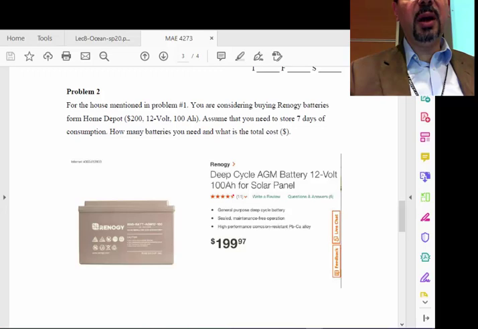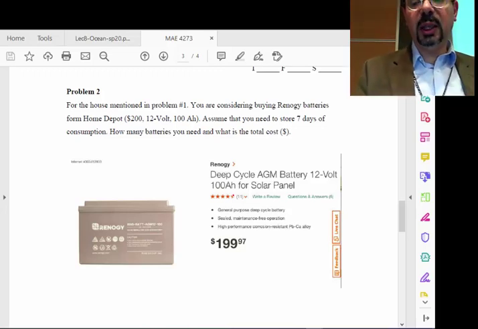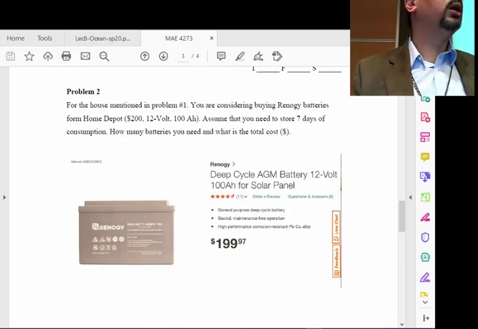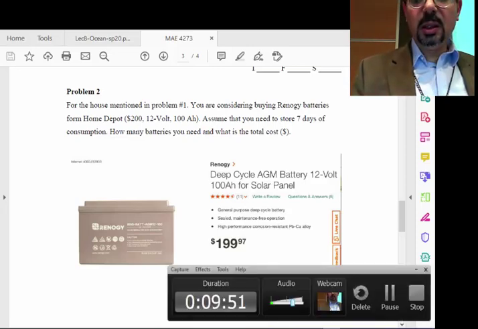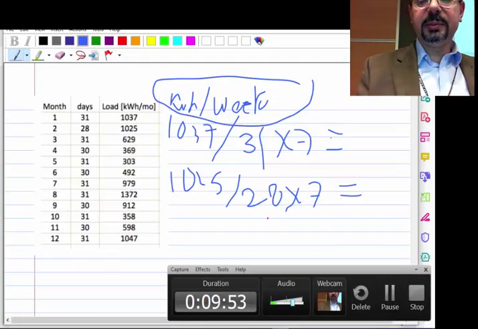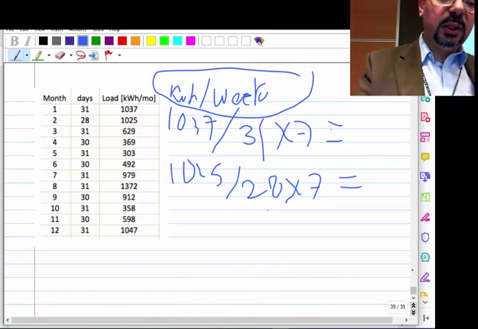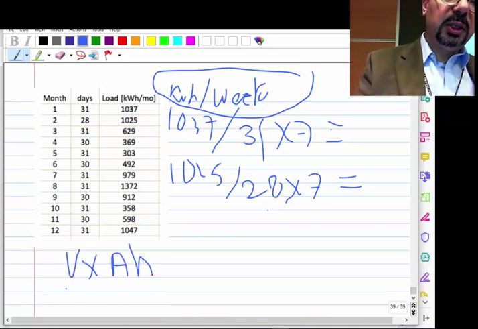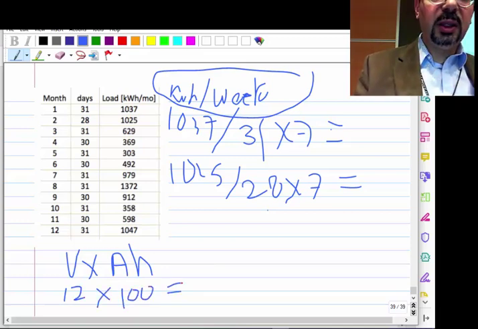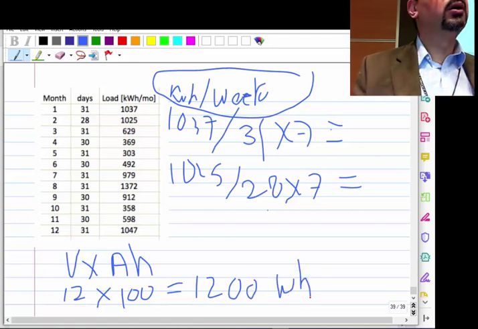So 100 ampere hour, if I multiply the 100 ampere hour by the 12 volt, what do I get? Kilowatt hour. No, watt hour, right? By multiplying the voltage times the ampere hour, 12 volts times 100 ampere hour, what I get is 1200 watt hour.